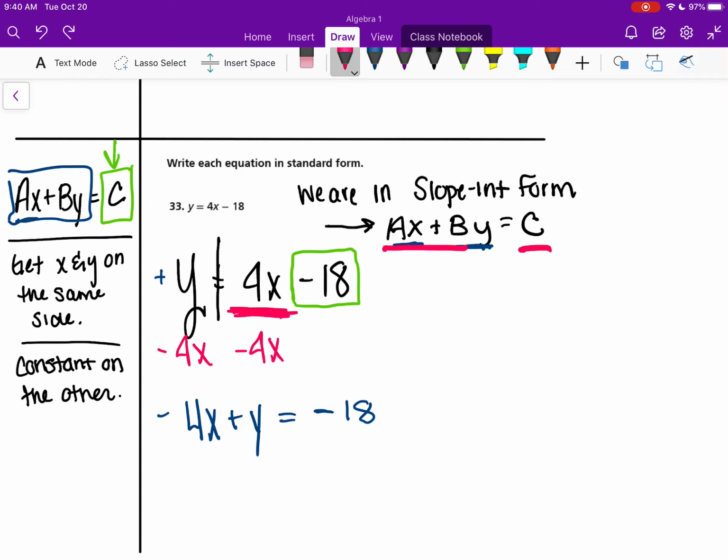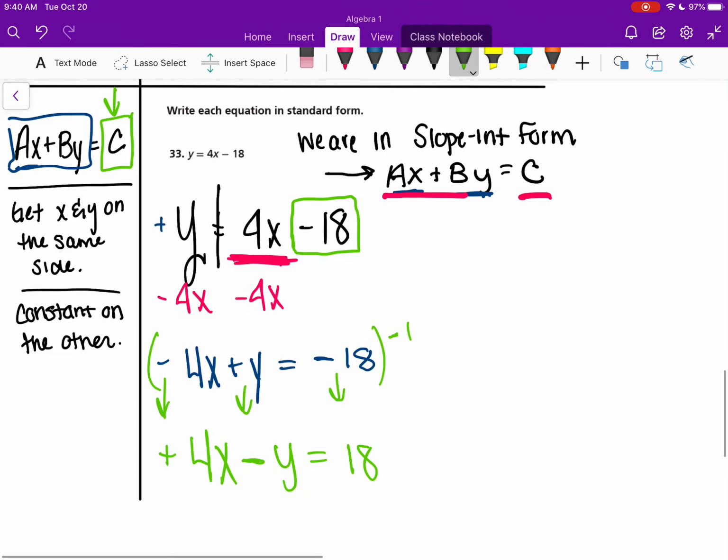So we just have to ask ourselves, how can I undo that? How can I make that a positive? I can flip its sign, but if I flip one sign, I have to flip all the signs. I have to do that with everything. That's actually technically called multiplying by -1, but that would give us a positive 4x. That plus y is going to become a minus y equals, and then that negative 18 will become a positive 18.